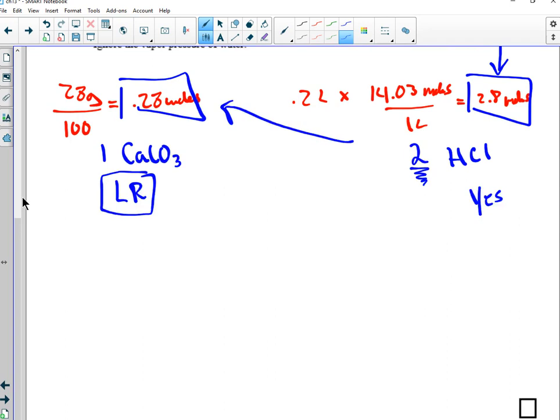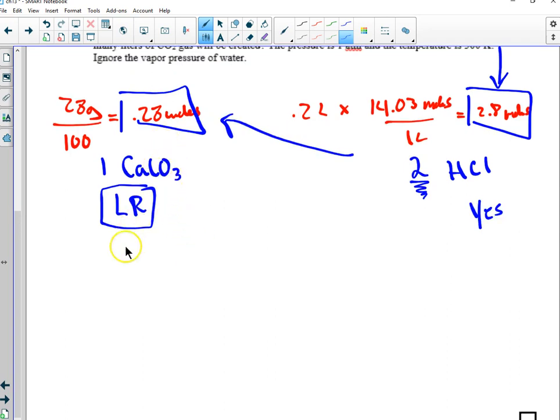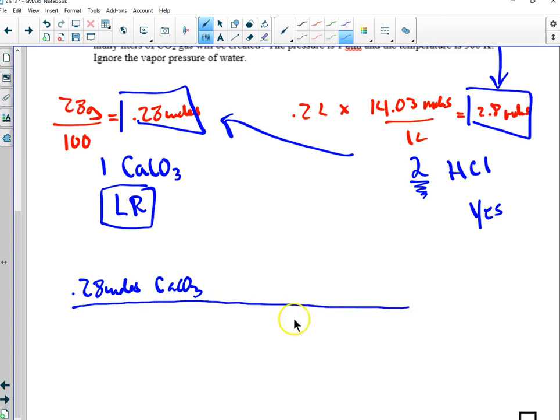Okay, so now all I need to do is take my limiting reactant moles and convert it to moles of CO2, right? Which is really what in PIV NERD? N. Once I get N, life is so much better.